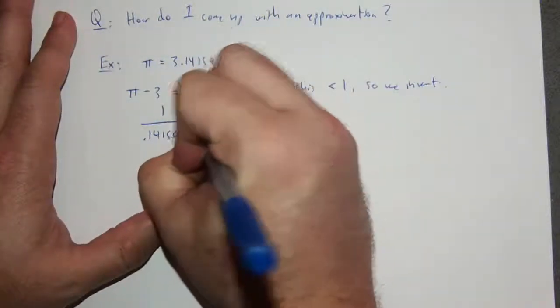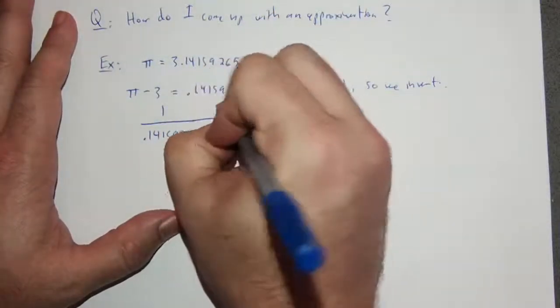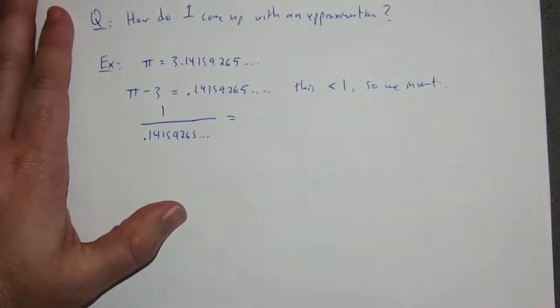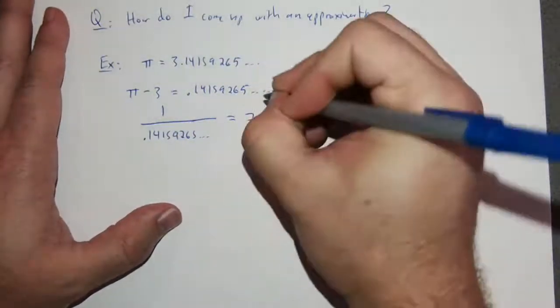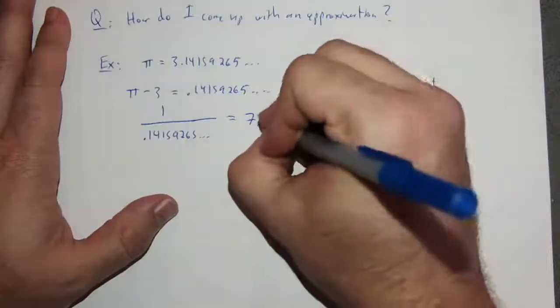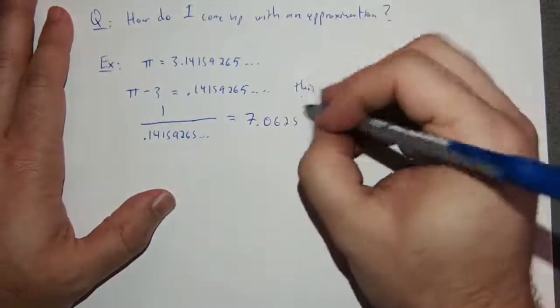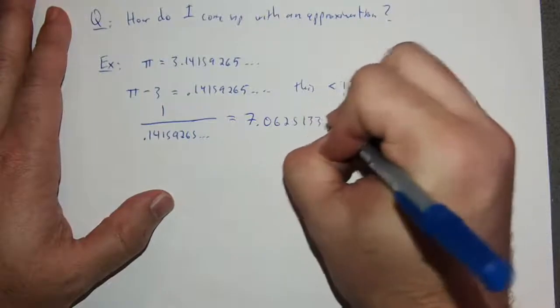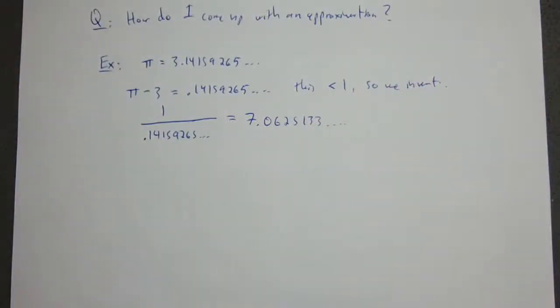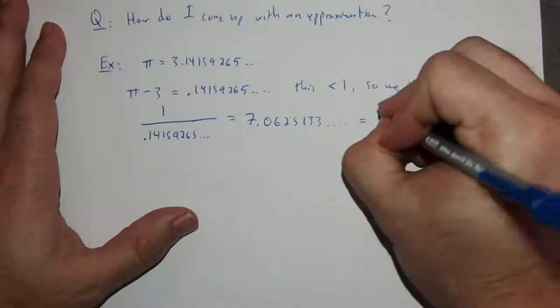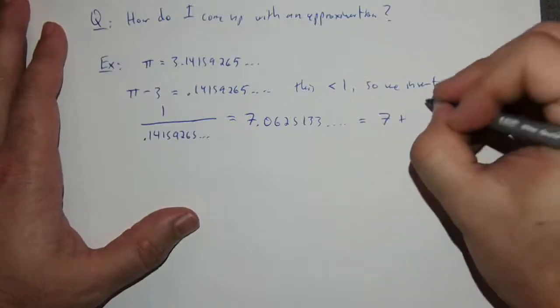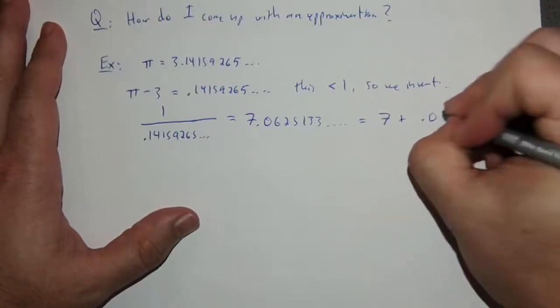If you invert this, you get 7.0625133 and so on, which you can write as 7 plus that extra bit.